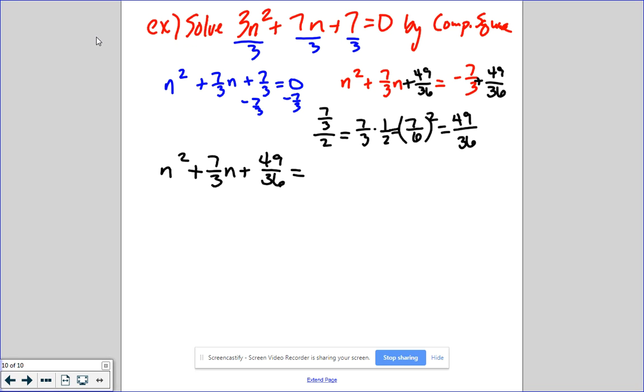So I've got to multiply negative 7/3 by 12 on top and bottom, which makes that negative 84 over 36 plus 49 over 36. So that makes my right side negative 35 over 36. You with me?